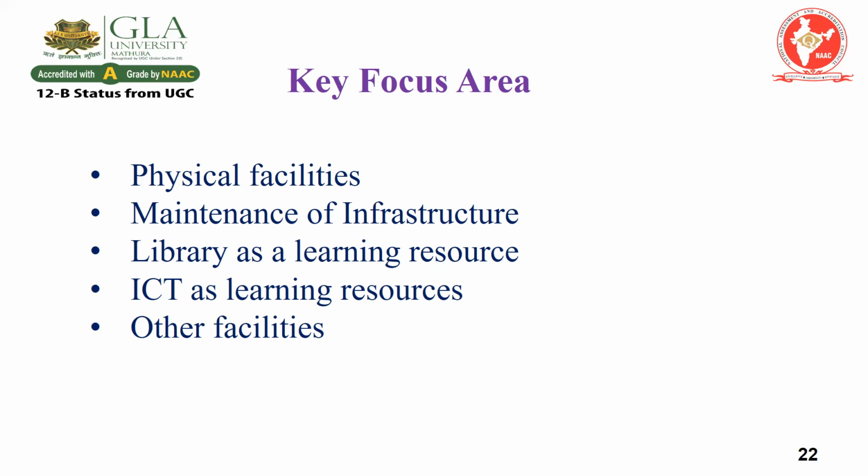How many students and how many teachers use the library in a day? The number of journal subscriptions, online or offline. Apart from this, the databases you have in the library. All these things in the library are checked by NAAC.